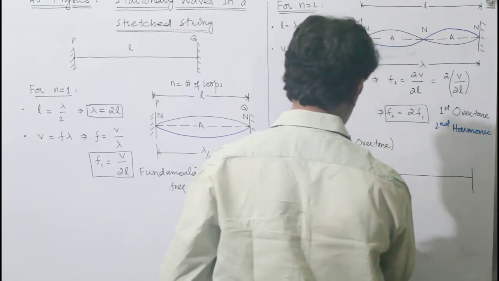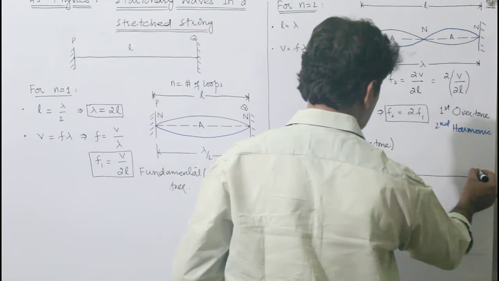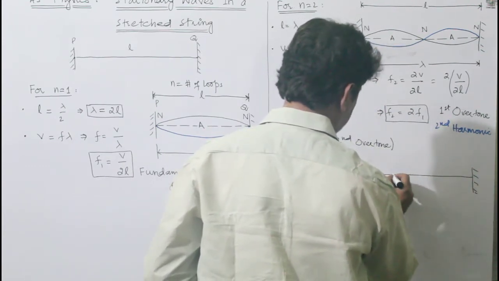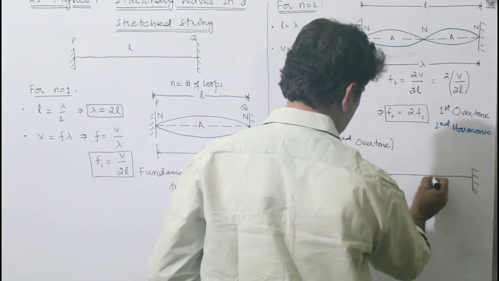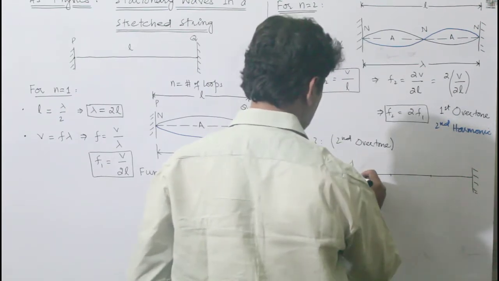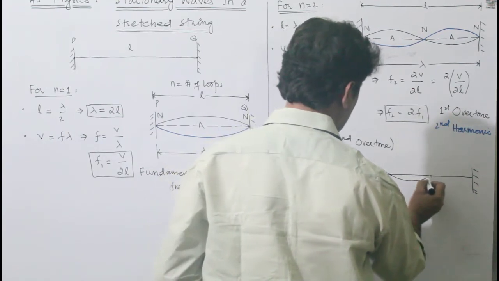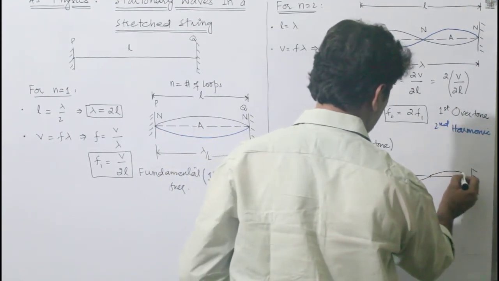It is a string here. By plucking the string, we can generate the 3 number of loops in the string.